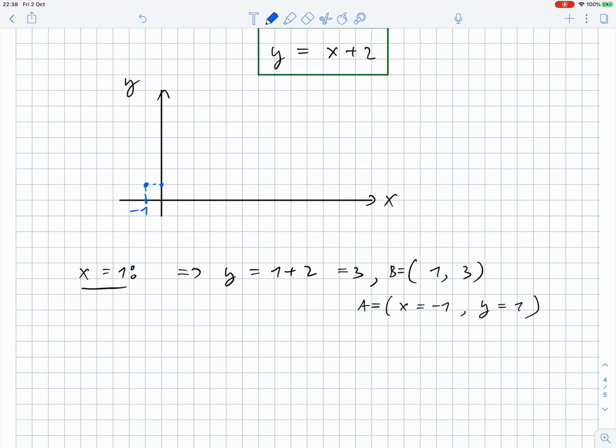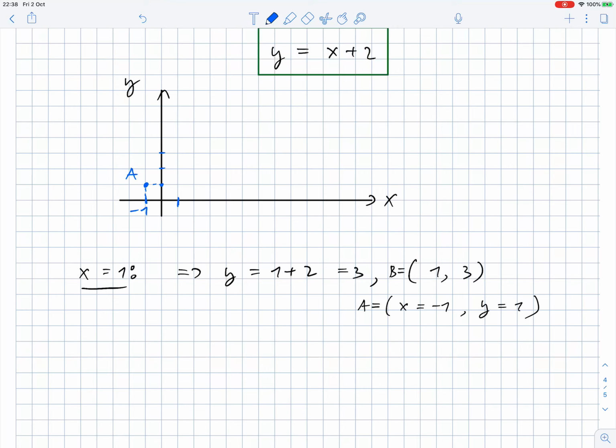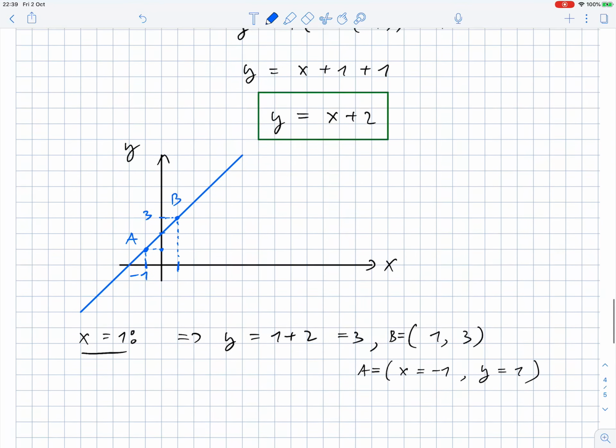So this is our point A. B, x equals 1 and y equals 3. This is our second point. And this is how our graph will look.